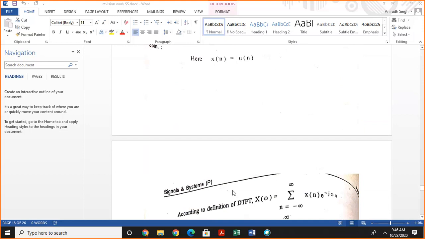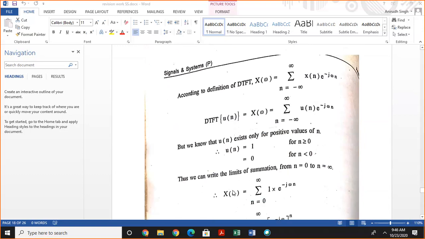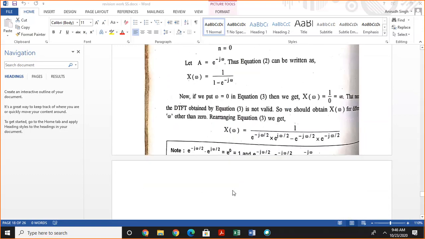Similarly, integration. This is the integration property. x of t is written like this, d by dt of the integration of this.